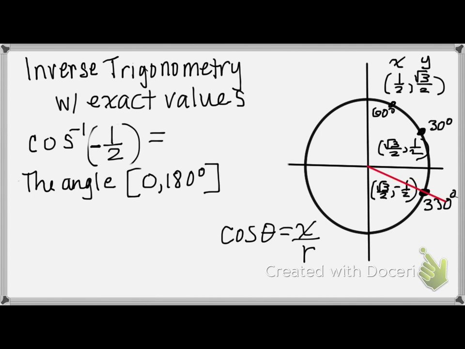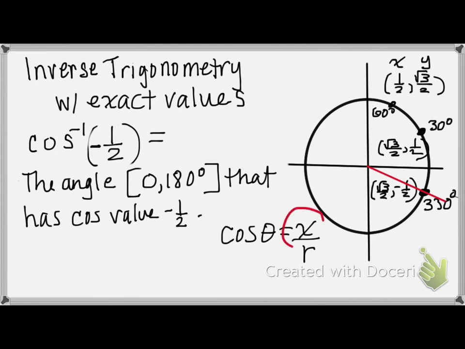So the inverse cosine of negative 1/2 is the angle that is between 0 and 180 degrees that has cosine value negative 1/2.